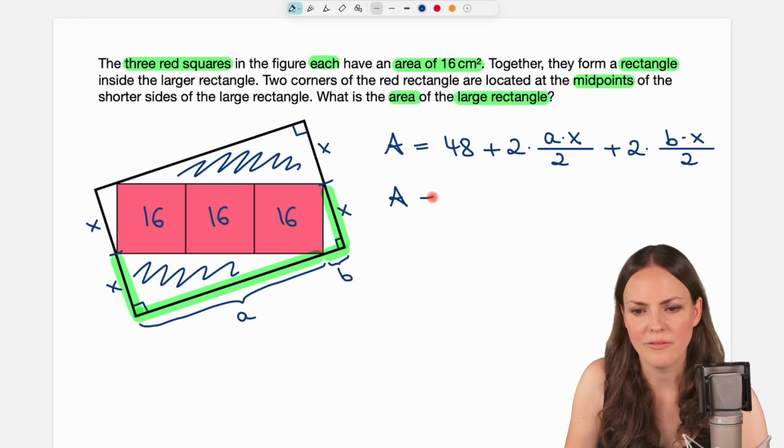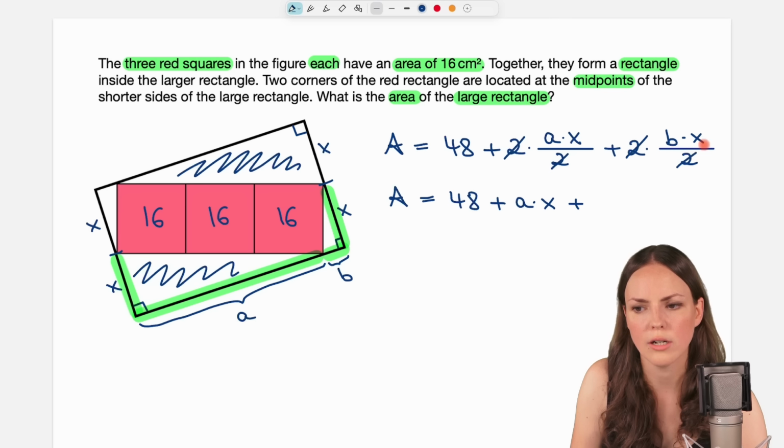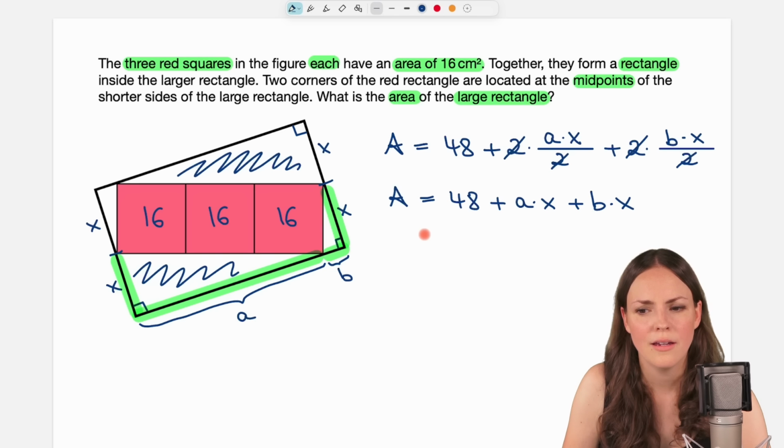Okay, let's simplify this a little bit. We have the 2 here plus this 2 cancels out, so we only have a times x, and this 2 cancels out as well, so we only have b times x. This is all we can simplify.